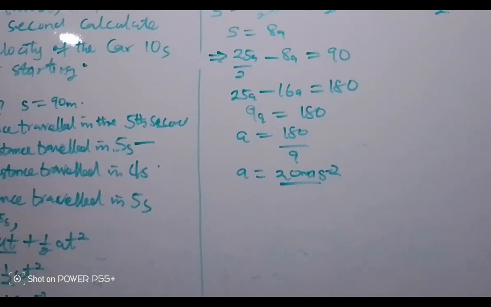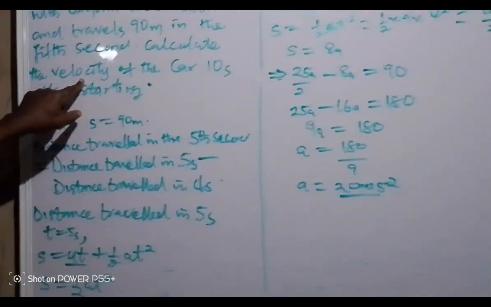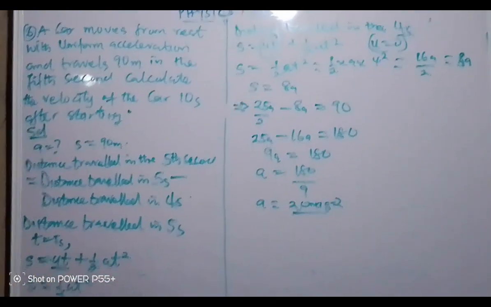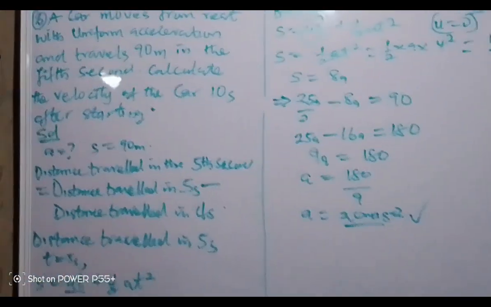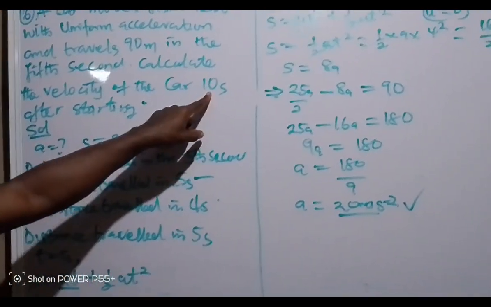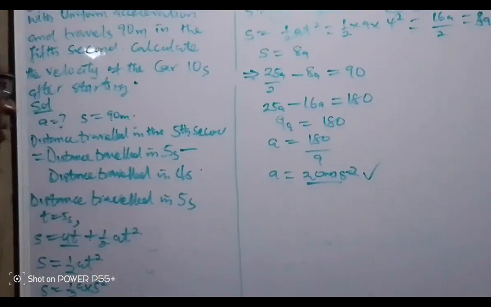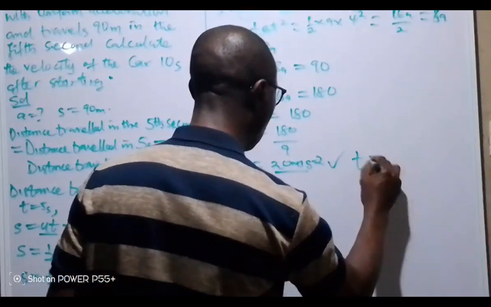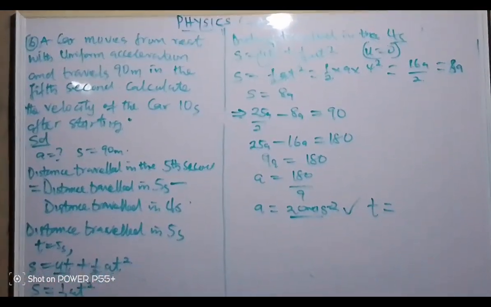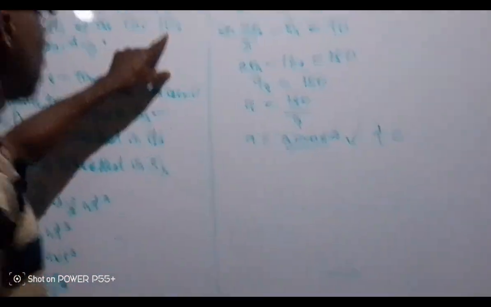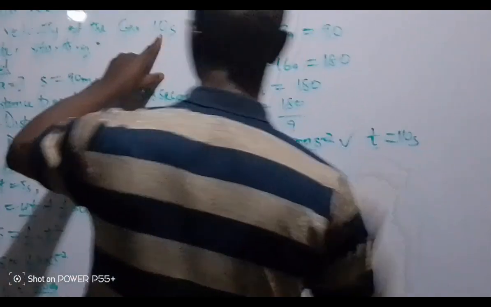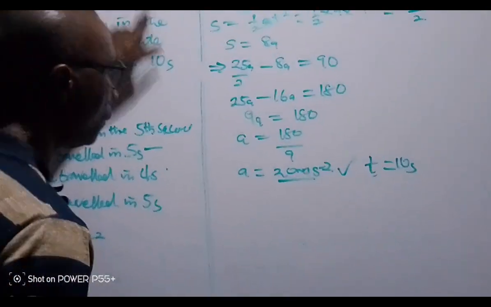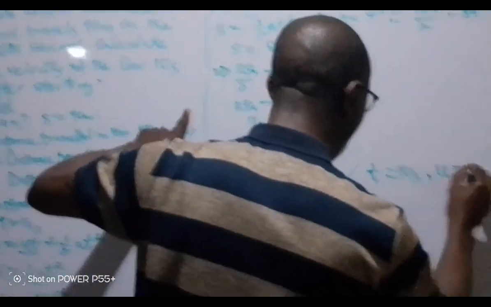But don't forget, the question asks us to calculate velocity. Now, a is known. The question says 10 seconds. Time is known. t also is known. What else do we know? Now, as I said, t is 10 seconds. And according to the question, it moves from rest. u is equal to 0.